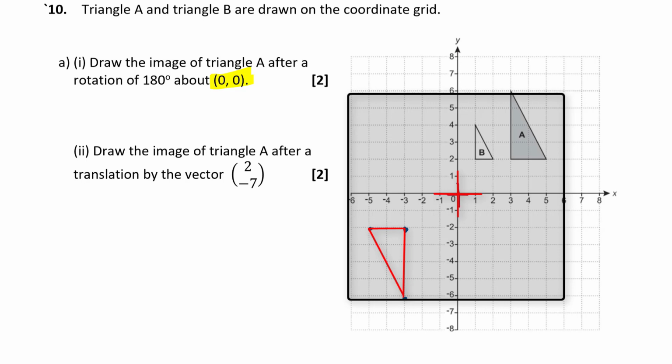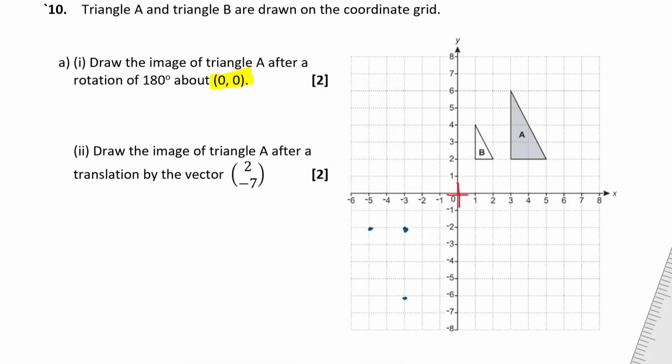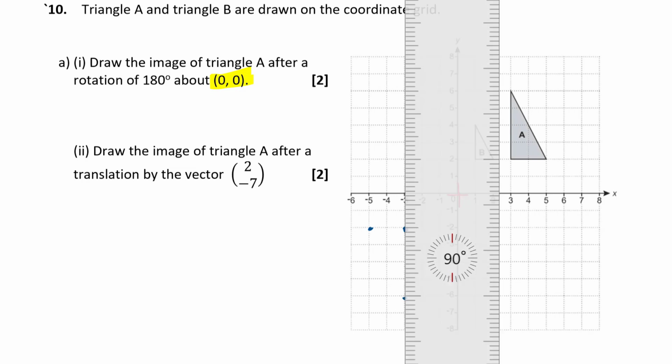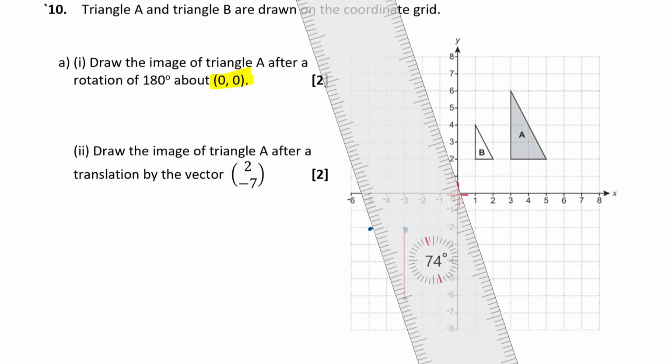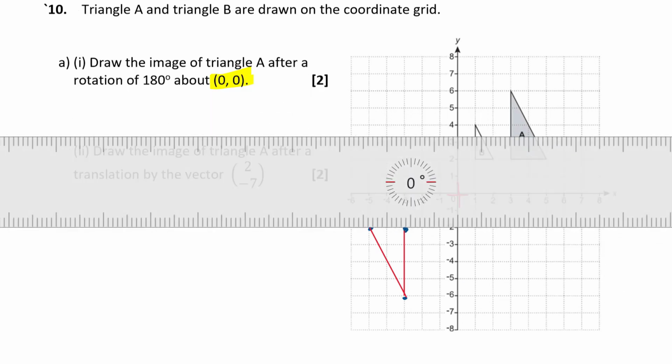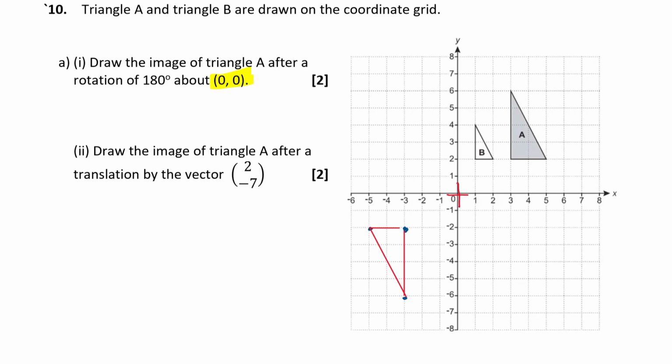So just carefully put the image points on, and then you can join them up with a ruler. Like so. So rotation should change the orientation and position of your shape, but not its overall shape, because it's still the same shape, it's just upside down and moved to a different quadrant. So that's my rotation.